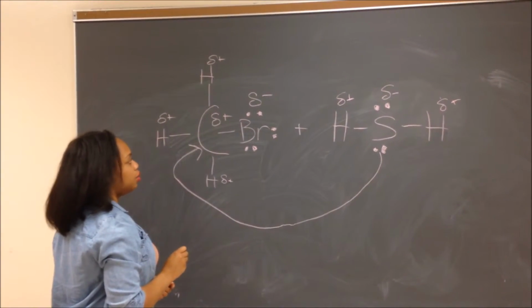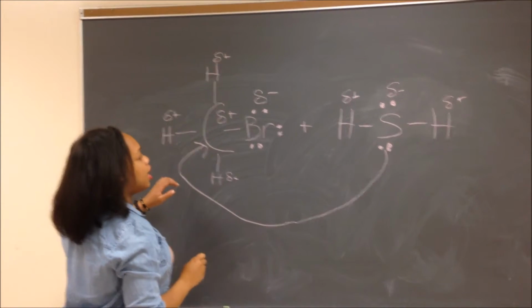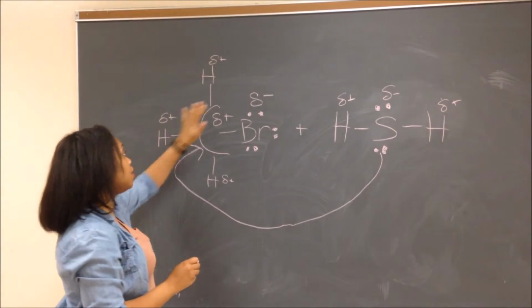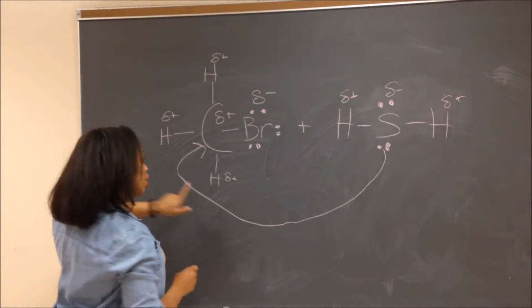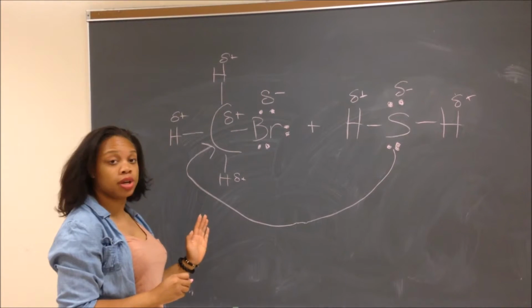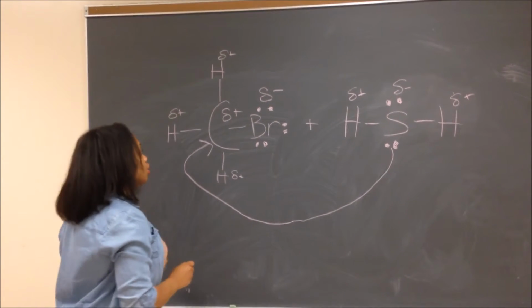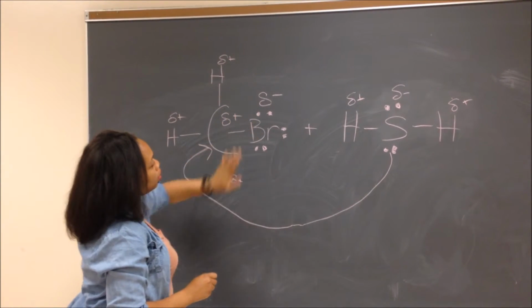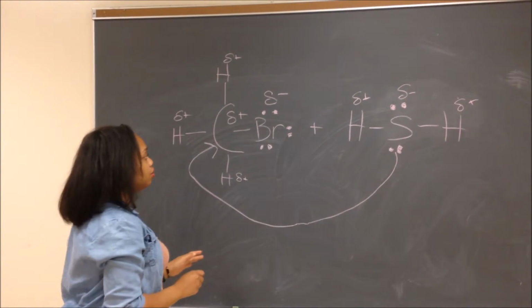So when this occurs, you'll see that there will be too many bonds attached to the carbon. It already has 4. With this sulfur adding onto the carbon, it would make 5, which would be 10 electrons, which is way too much for the second shell of carbon. So what will happen is one of these atoms will have to leave.